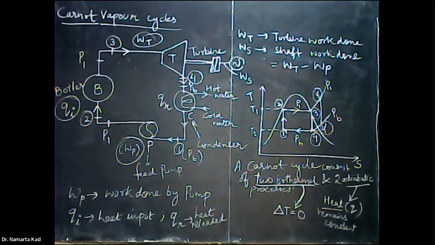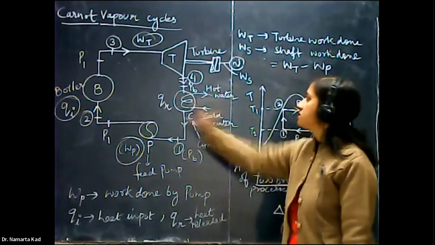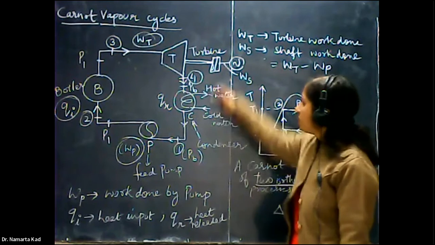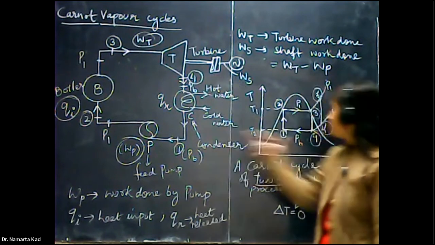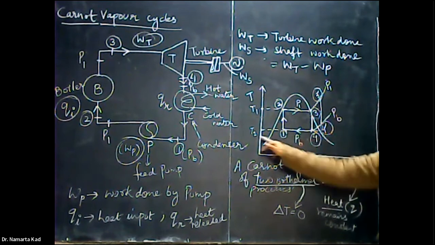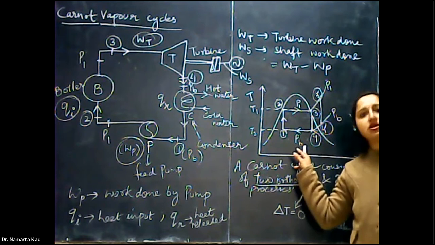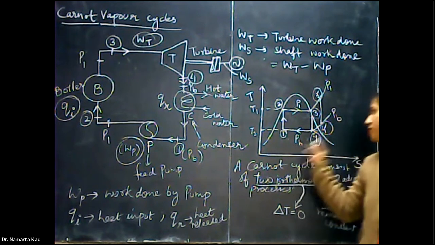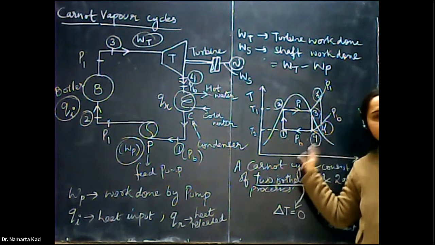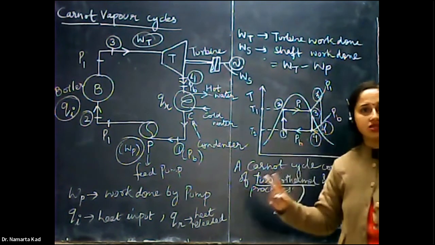Now during the last stage, that is across the condenser stage, condenser means 4 and 1. See here also 4, 1. During this process, the temperature remains constant. Temperature is constant, that means it is an isothermal process. Pressure remains constant, that is at the level of the condenser, that is at PB. There is no change in the pressure.